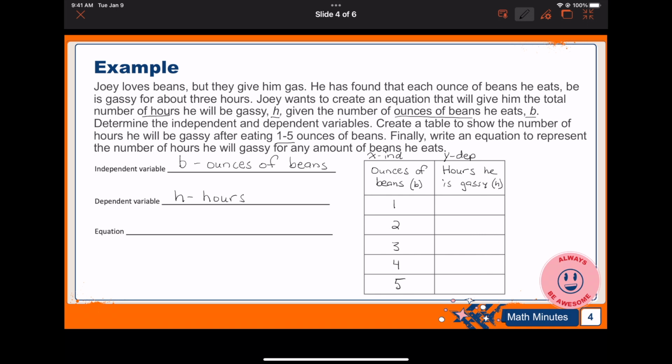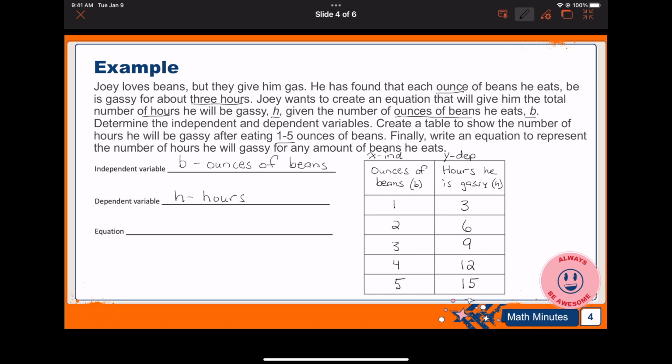That he'll be gassy for about 3 hours per ounce of beans that he eats. So that means 1 ounce would be 3 hours, right? 2 ounces means it's going to be 6 hours. 3 ounces, 9 hours. Right? We see it's just going up by 3. 4 ounces, 12 hours. 5 ounces, 15 hours.